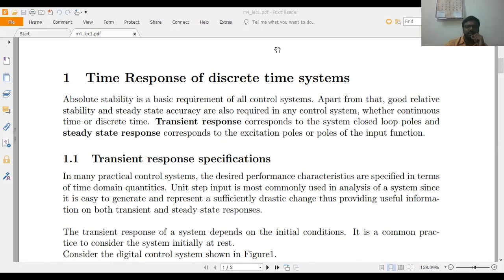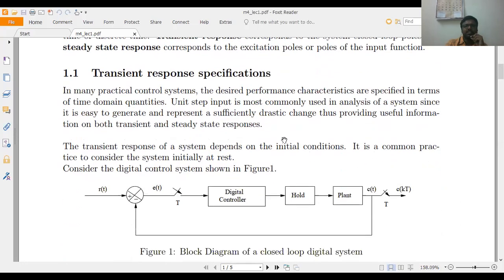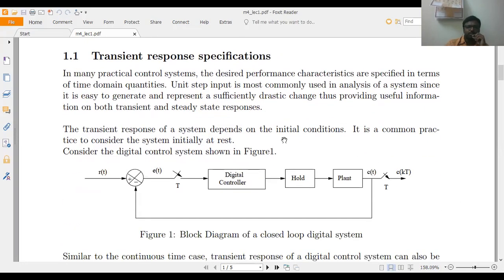Now let us step into the transient response specifications. In order to analyze the performance characteristics of a particular system in terms of time domain quantities, the unit step input function is commonly used.